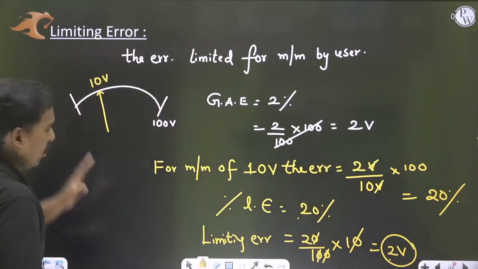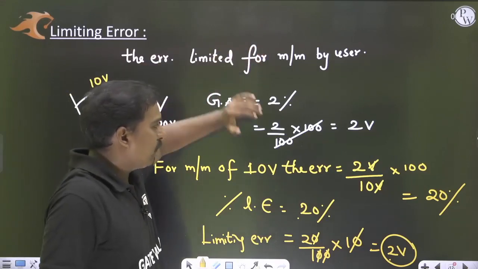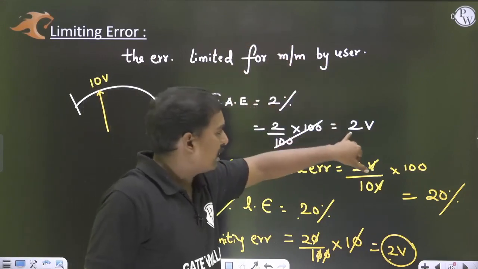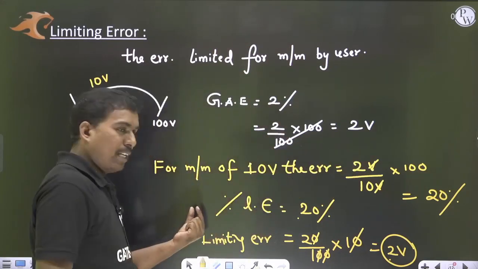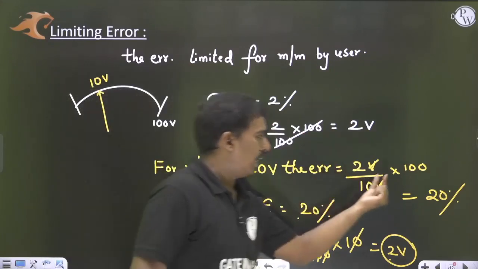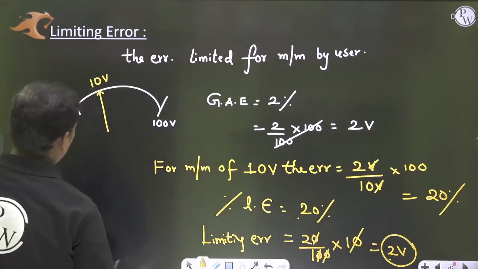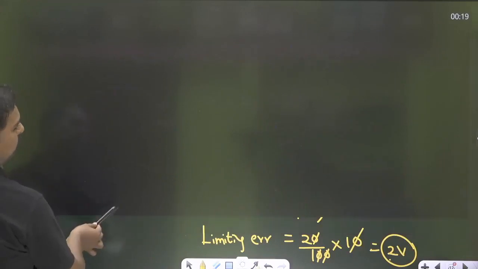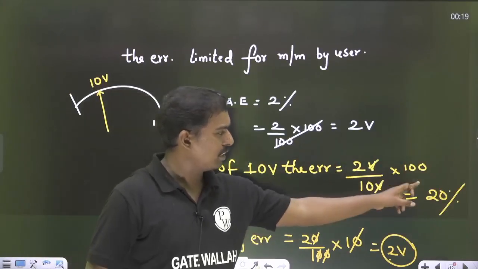A meter has a guaranteed accuracy error of 2%. 2% of full scale value is 2 volts. With that meter, if you are measuring a non-full scale value of 10 volts, the error is 2 volts by 10 volts, that is 20%.